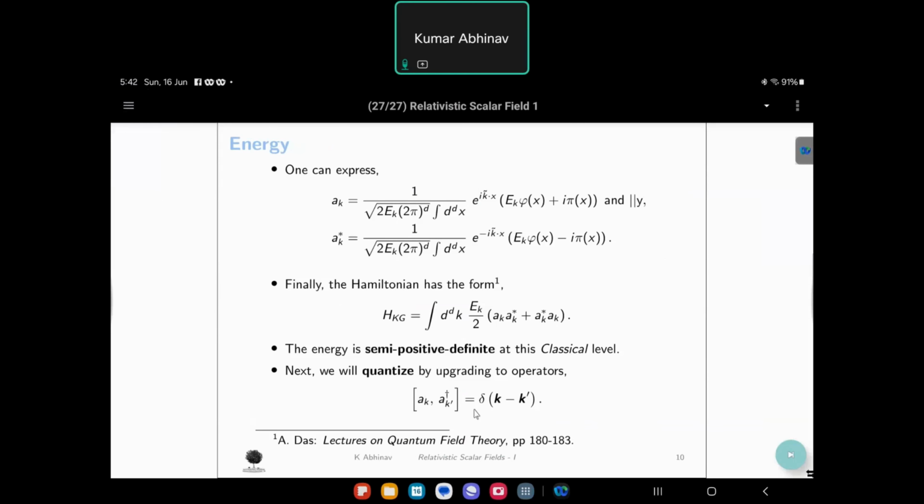And once you do that, when you pass through a and a star, there will be a non-zero number, which is the Dirac delta function here. And because of that, this Hamiltonian will correspond to a ground state energy which is non-zero, akin to what we have in the harmonic oscillator.